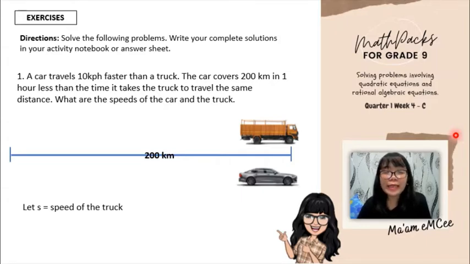So we let S to be the speed of the truck, and we let S plus 10 to be the speed of the car, since ang balada dyan, a car travels 10 kilometers faster than a truck. So kung pira man dyan karoon ang value ni S mo, plusan mo sang 10 para sa speed ni car, kay mas dasig si car kaysa kay truck.